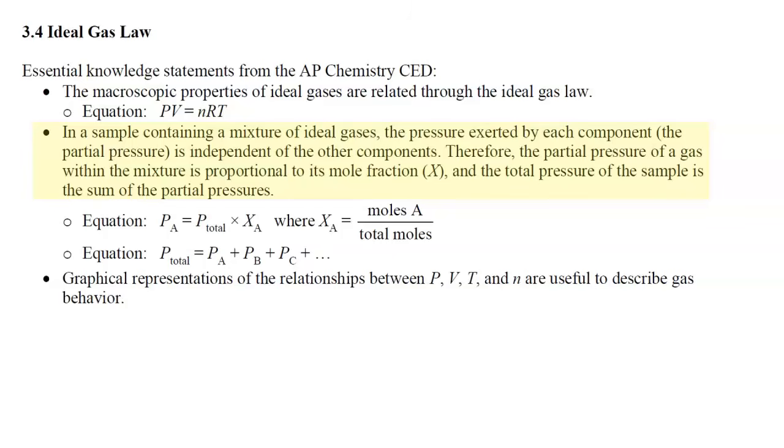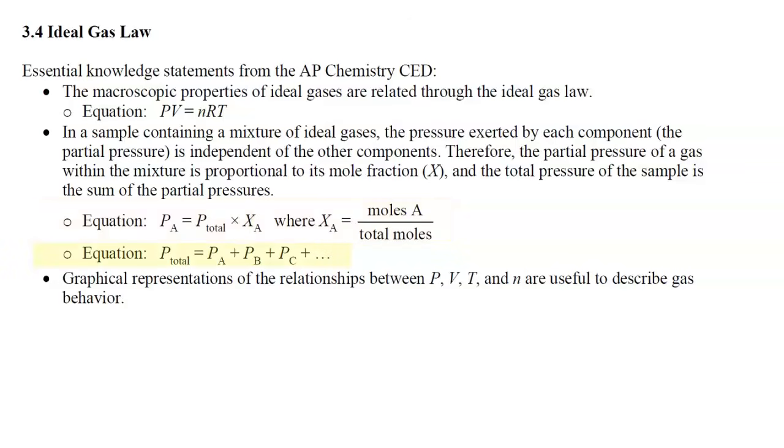So here are two equations that relate to gas mixtures. The first equation is saying that the partial pressure of gas A is equal to the total pressure of the gas mixture times the mole fraction of component A, where the mole fraction is a ratio of moles of A divided by the total moles of gas in the mixture.